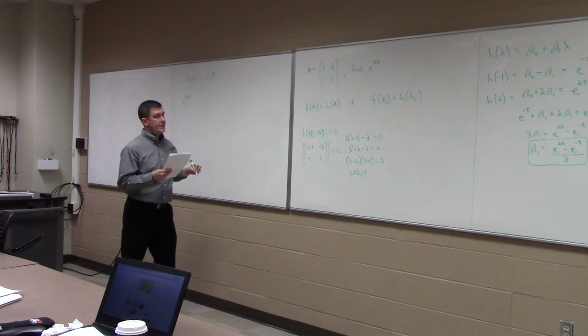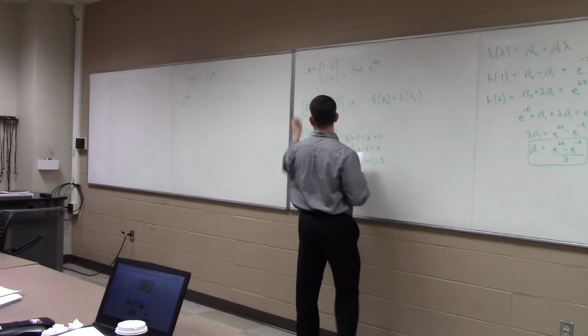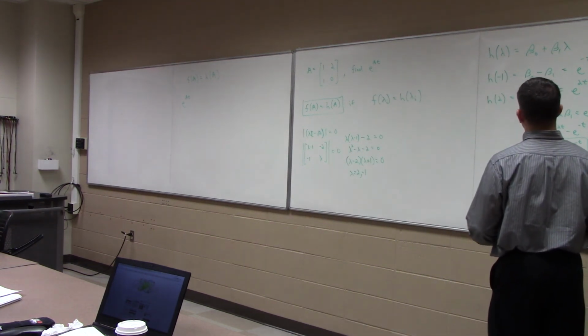Now we've solved for beta 0 and beta 1. Cayley-Hamilton theorem says that my function, e to the At, is equal to that polynomial. Okay?